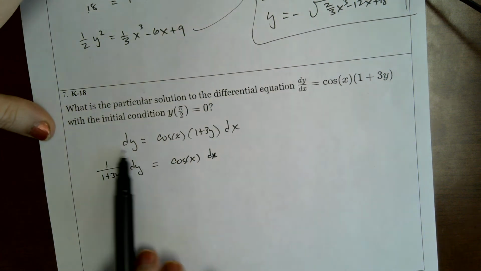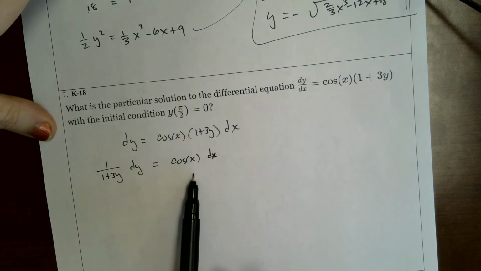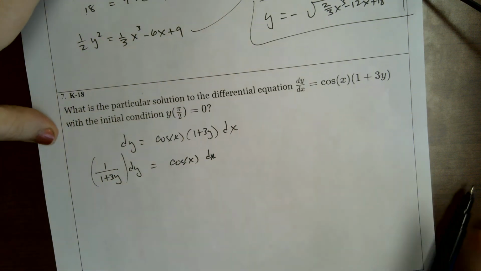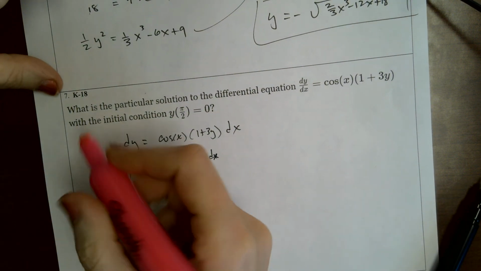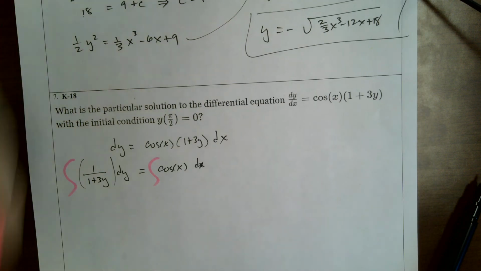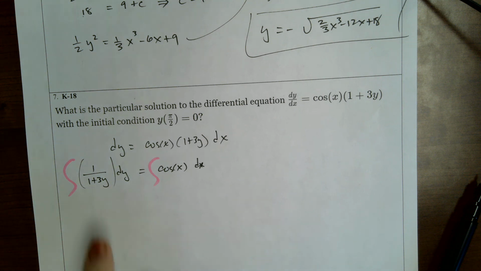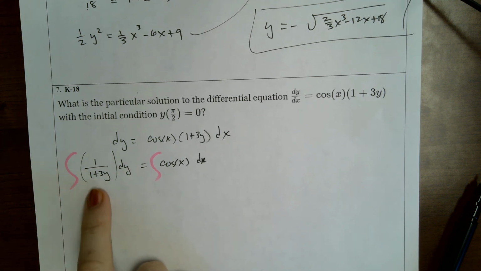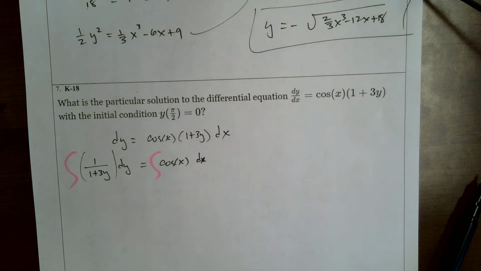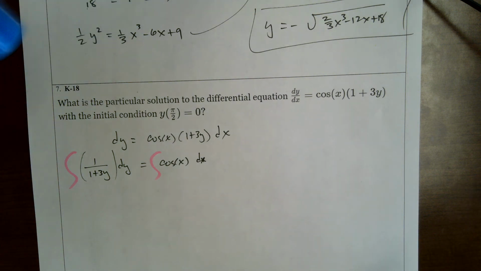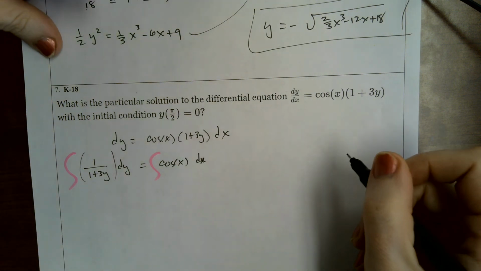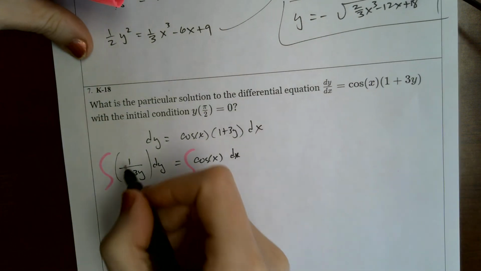Okay. Are these only y's? Yes. Are these only x's? Yes. So now you're ready to do the integral of both sides. Now this one here, we're going to need f prime over f.